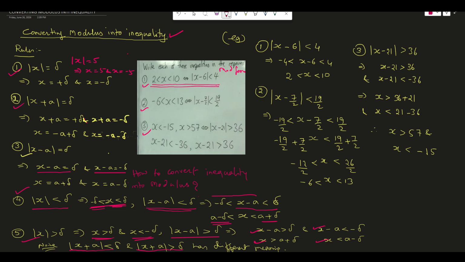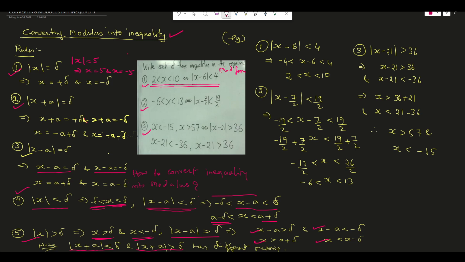So I want to make you understand this right hand side, that is modulus of x minus 6 less than 4. If you want to convert this into an inequality, how will we do that? So I'm starting. These both are equivalent. This left hand side and right hand side are equivalent. Both are the same, the meaning is the same.